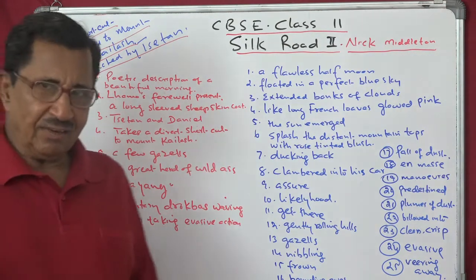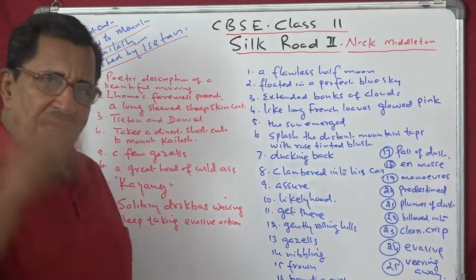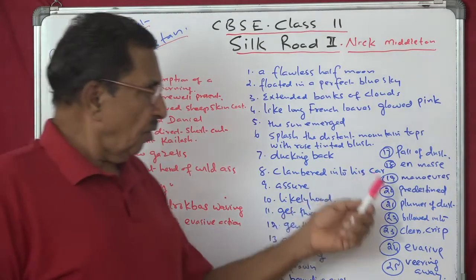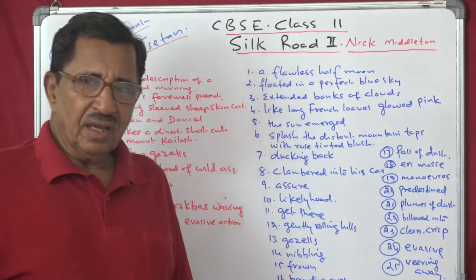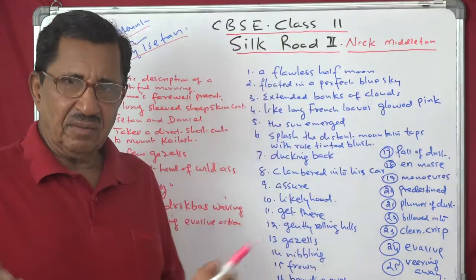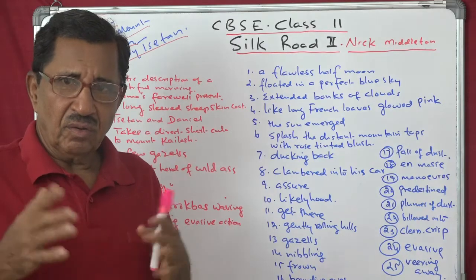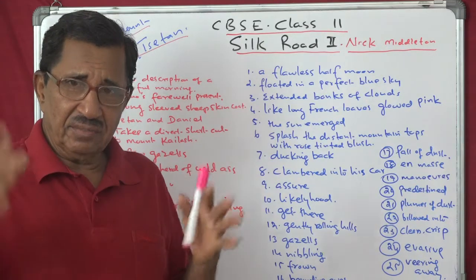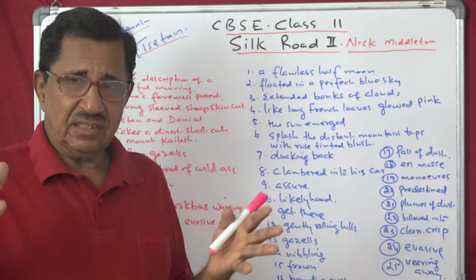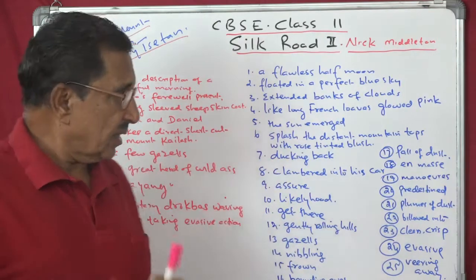That's body language. Bounding away, galloping away. Pall of dust. Pall means a mass of dust. So we say a pall of gloom, a pall of darkness. It means a mass, a cloud of darkness.